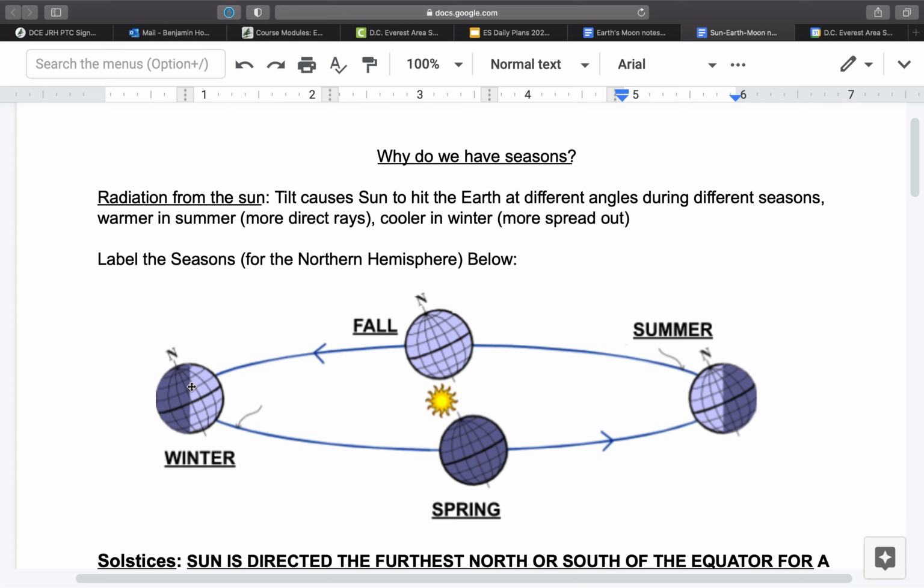So we'll take a look at the season that we're heading to at this point in time, and that one is winter. So in winter, for us in the northern hemisphere, since Wisconsin is right up in this region here, you can see how the tilt comes into play because the northern hemisphere is tilted away from the sun.